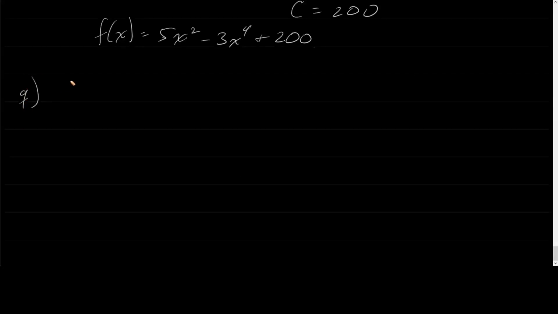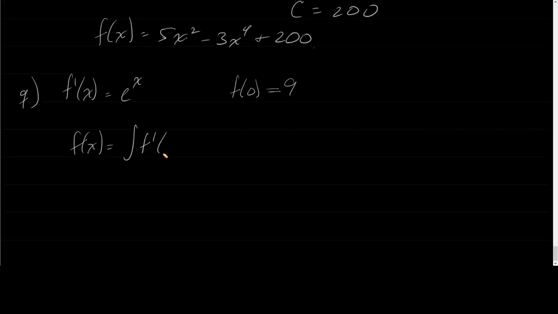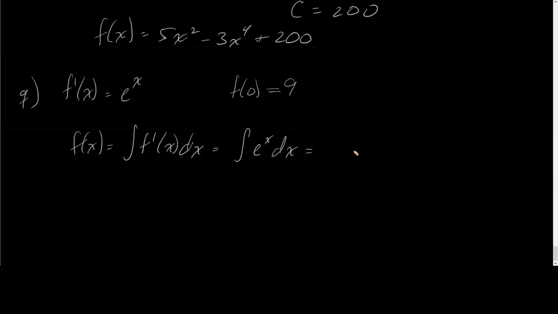Let's say that I had that f prime of x was e to the x, but that f of 0 is equal to 9. Well, we know that f of x is the antiderivative of f prime of x, which gives us the antiderivative of e to the x dx, which gives us e to the x plus c.